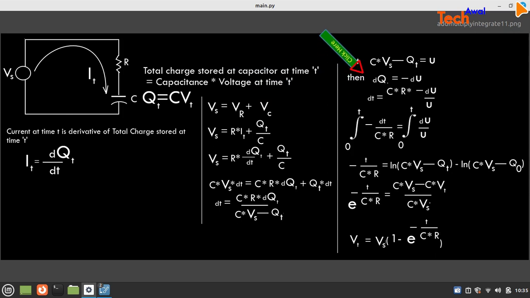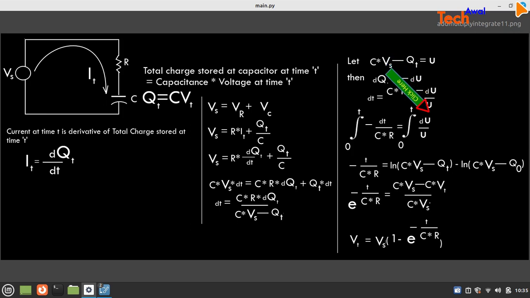Now this is a differential equation where we have dt and dq by (C Vs minus Q(t)). If I say C Vs minus Q(t) equals u, then dq is minus du. So dt equals CR times minus du by u.